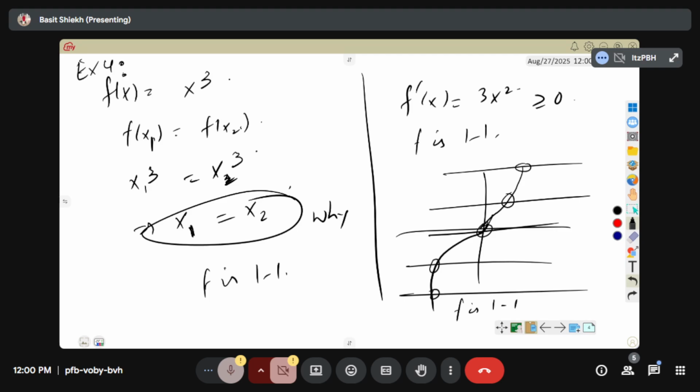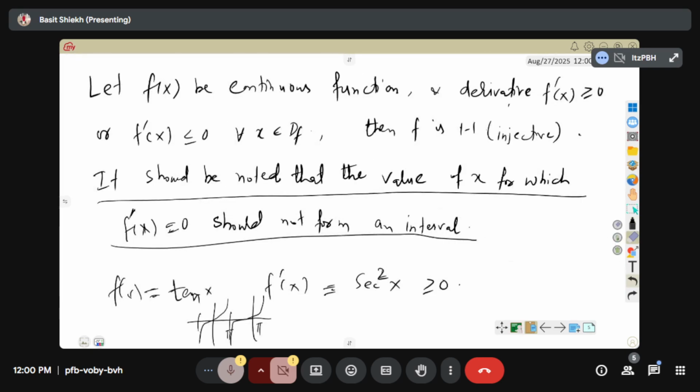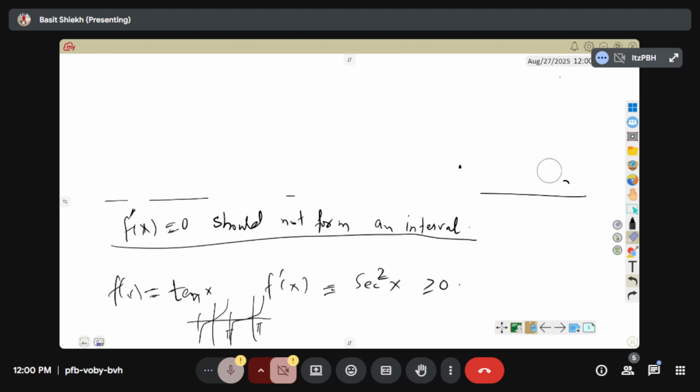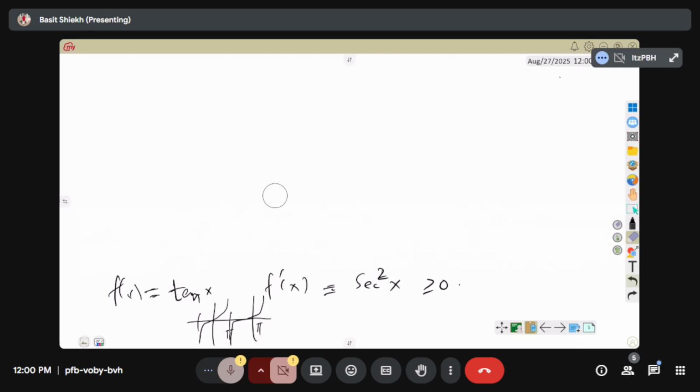For onto function we have to check two things. Its range should be equal to R. Check if its range is equal to the codomain set.